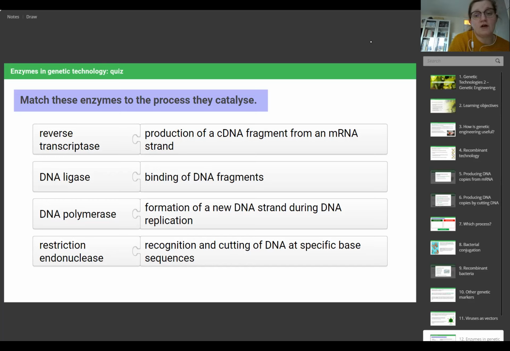So we use the marker gene, the EGFP gene, because that will mean that silkworms that have taken up the plasmid will glow.